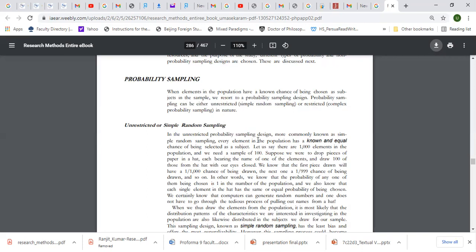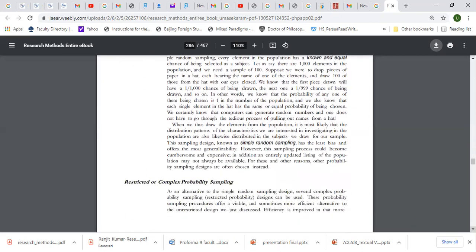Or maybe you're doing a study regarding human beings, how human beings use language in different situations. And you are randomly selecting, because everyone is going to be part of your study, that is, all the elements in the population have equal chances of being part of your sample. Then you can go for simple random sampling.